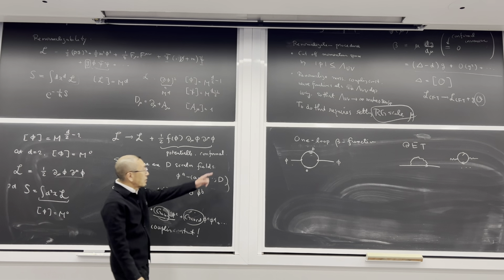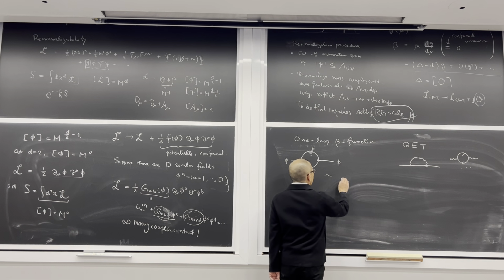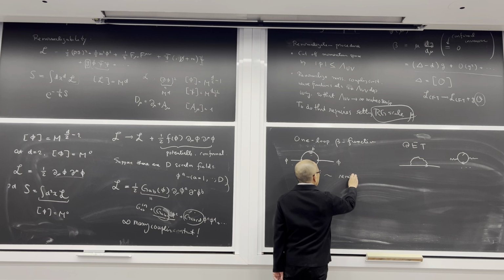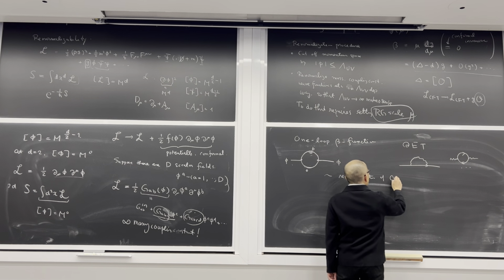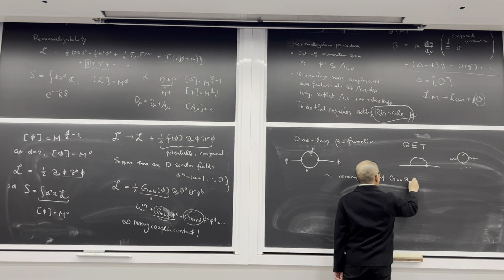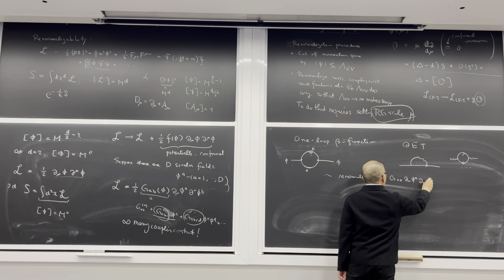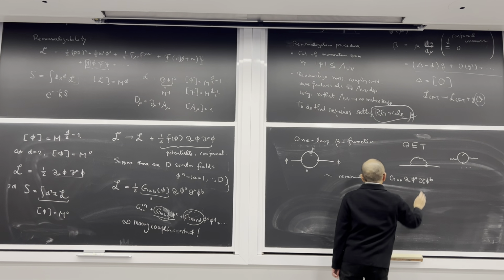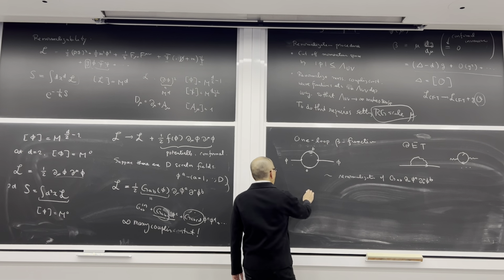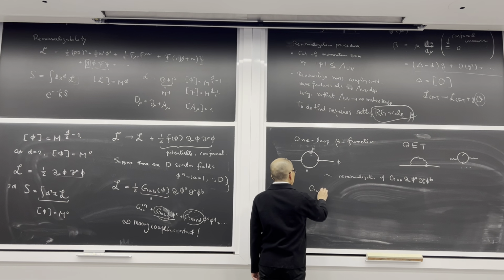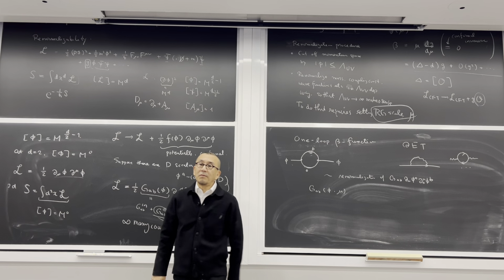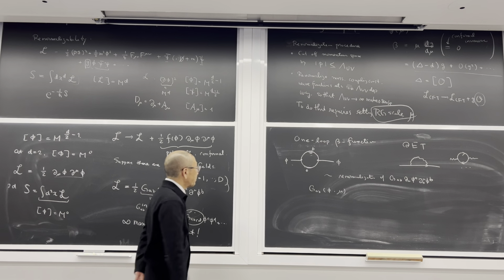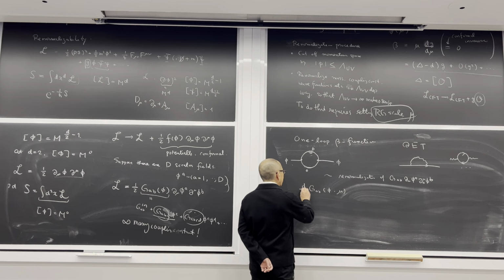So you can calculate this, and from that you can deduce the renormalization of G_AB ∂_μ φ^A ∂^μ φ^B. And then G_AB(φ) becomes a function of the renormalization scale.